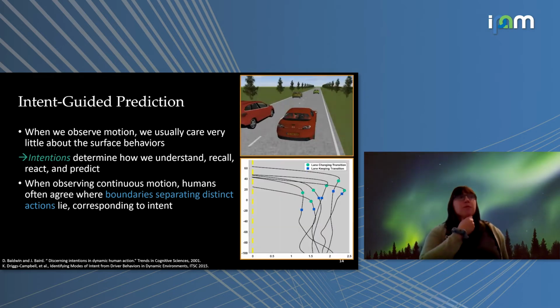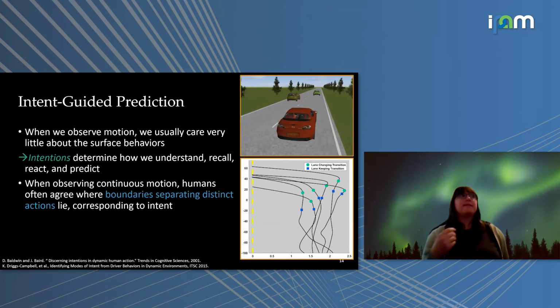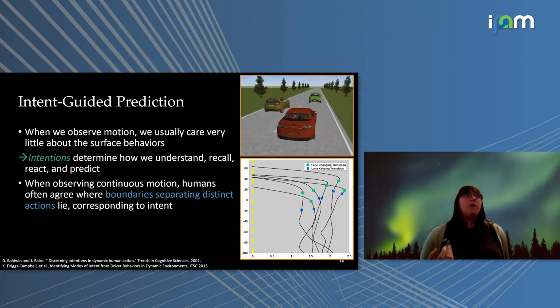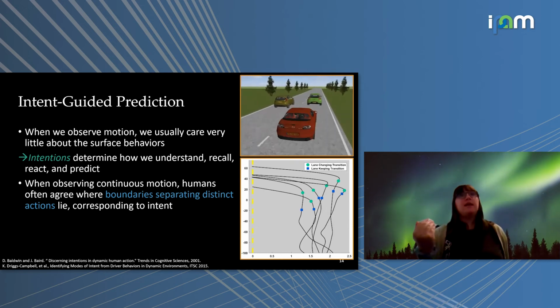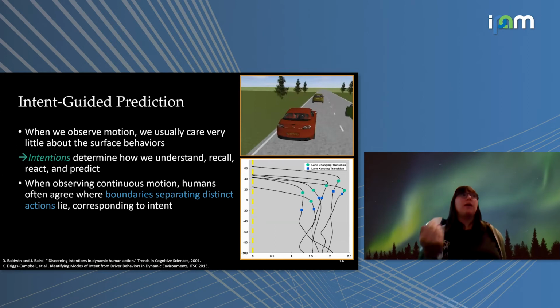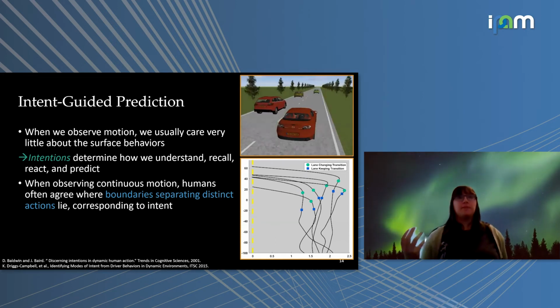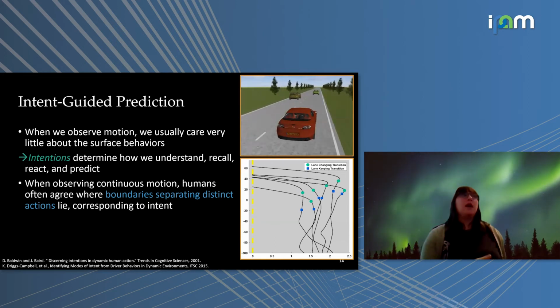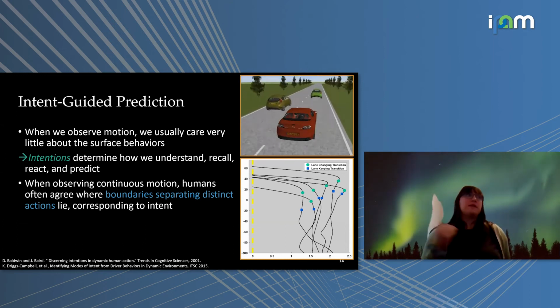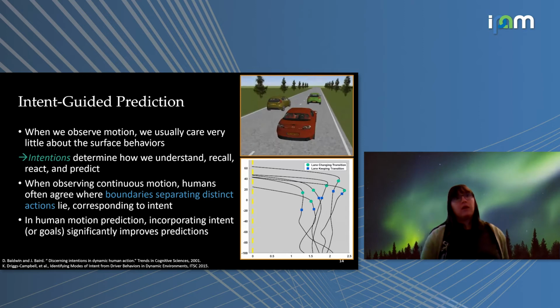So for a quick example, in the autonomous vehicle case, if we are observing this vehicle driving, we can watch this, and with a pretty high degree of consensus, we can agree when this agent is going to switch from something like lane keeping to lane changing. And while there is some gray area, this is actually fairly separable.